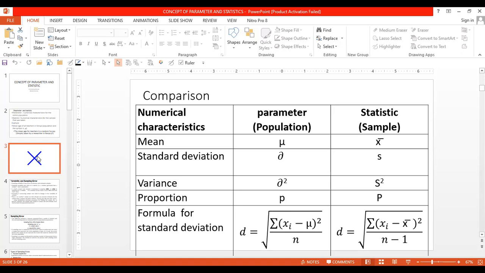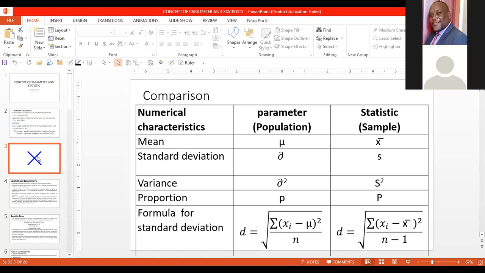And when we are calculating the standard deviation, the symbol is a delta, it looks like a small d. And for the statistic, the symbol is S. For variance, it is delta squared, and for the variance of the statistic it is S squared.